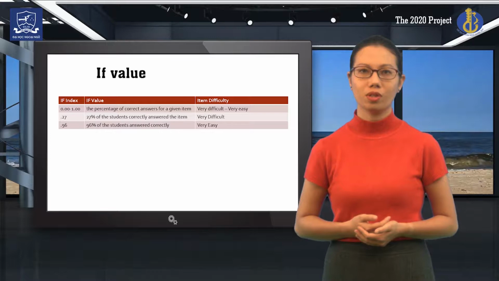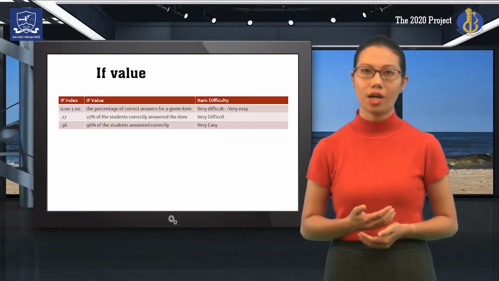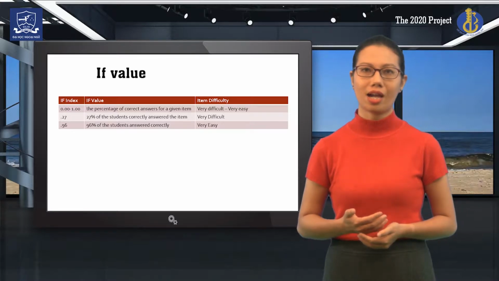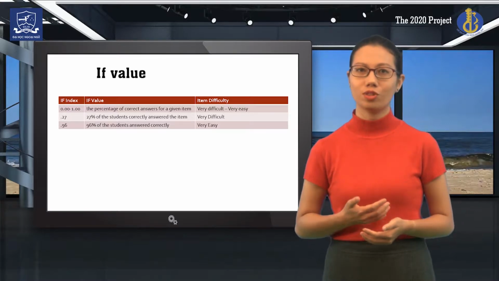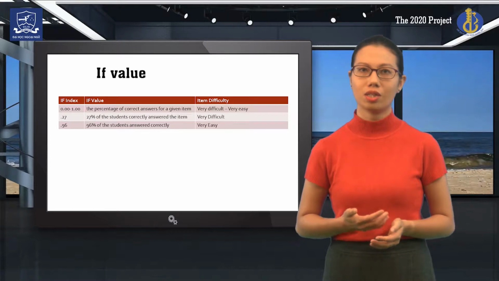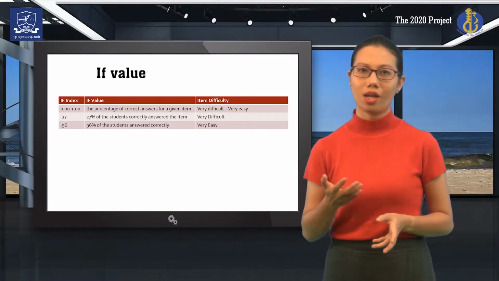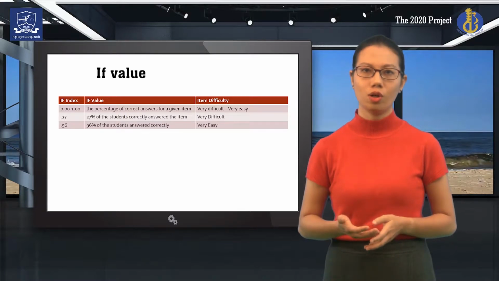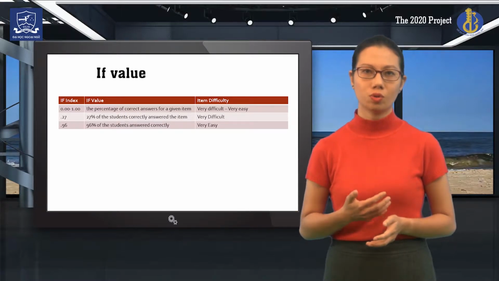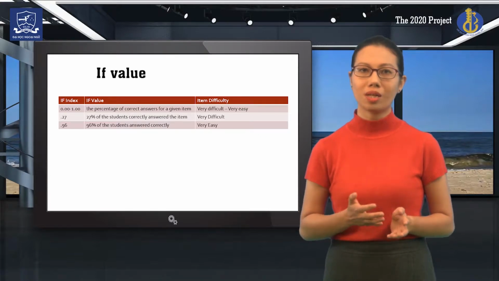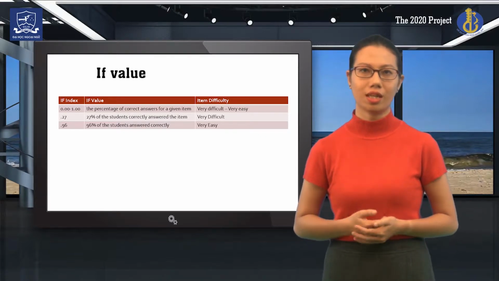For example, the correct interpretation for an IF index of 0.27 would be that 27% of the students correctly answered the item. In most cases, an item with an IF of 0.27 would be a very difficult question because considerably more students missed it than answered it correctly.